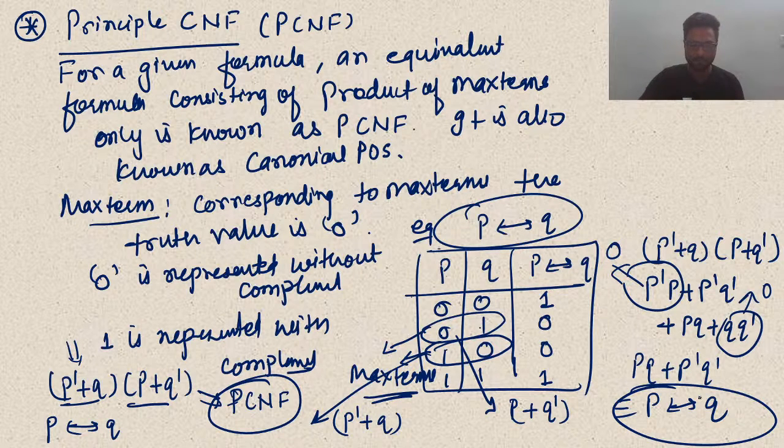Yes guys, tell me, is this clear to everyone or not? If I give you an example or any problem, will you be able to write the PCNF form as well as PDNF or not?